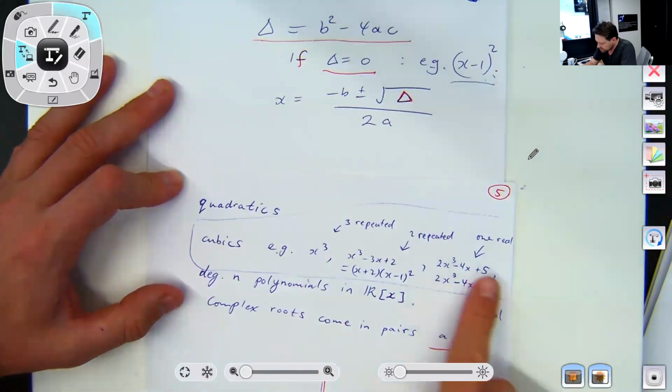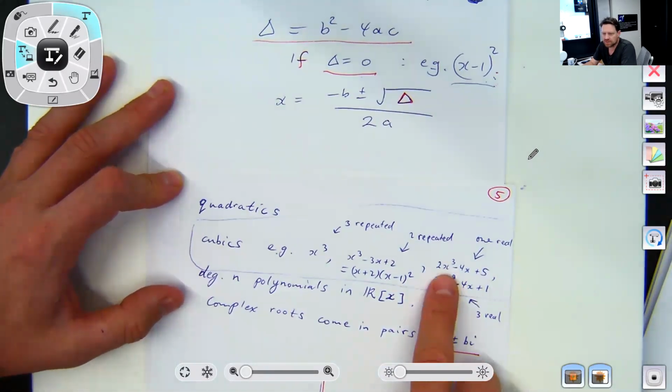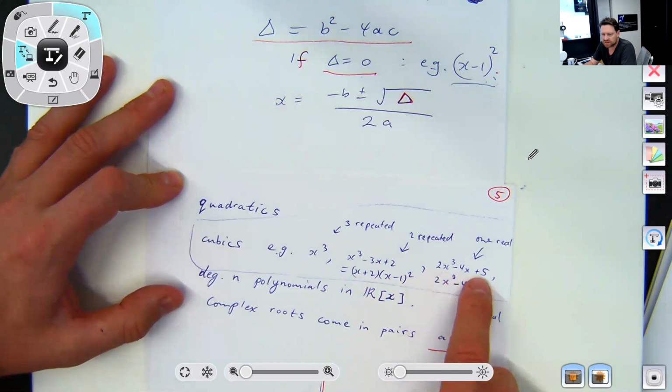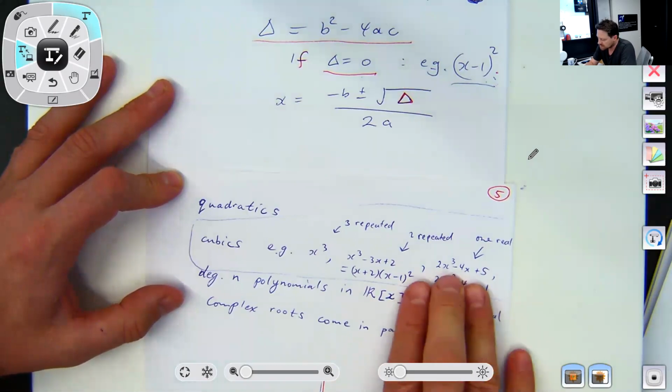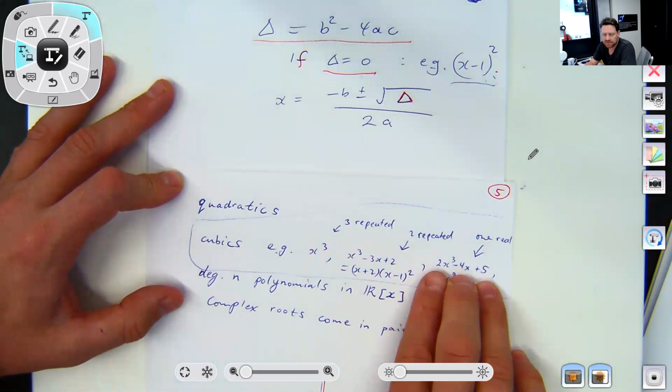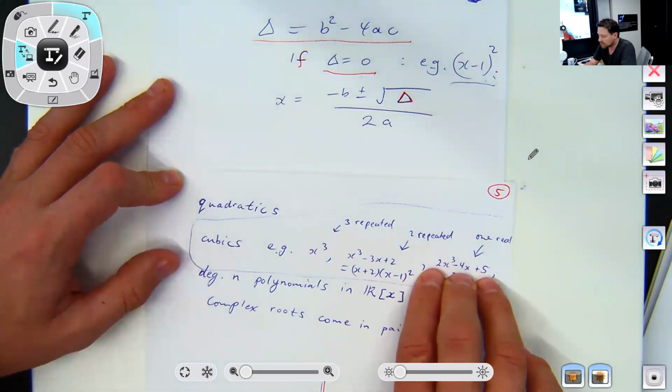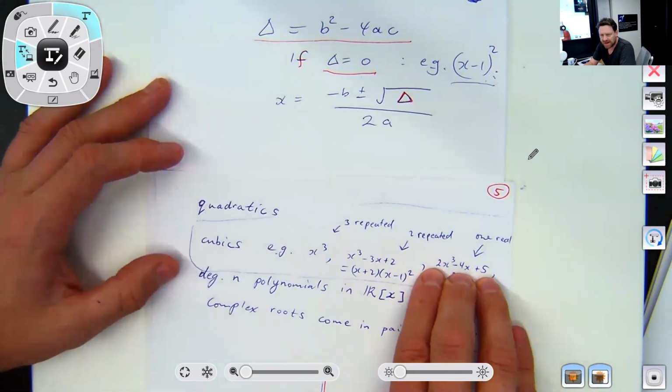Okay, and now 2 other examples would be 2x cubed minus 4x plus 5. So this one has 1 real root and 2 non-real roots, and the other 2 non-real roots are complex roots, of course, and they come in pairs.